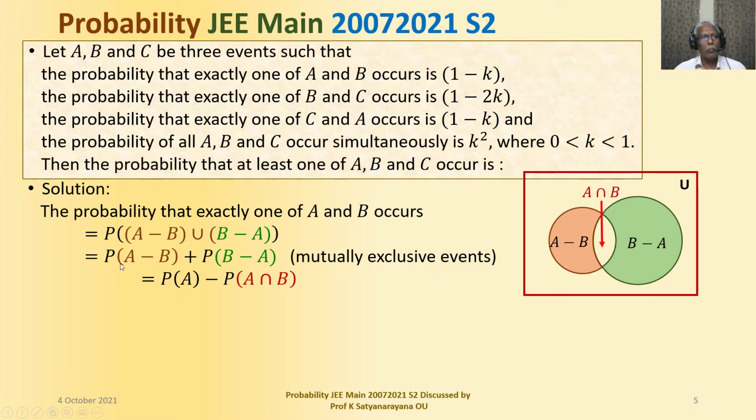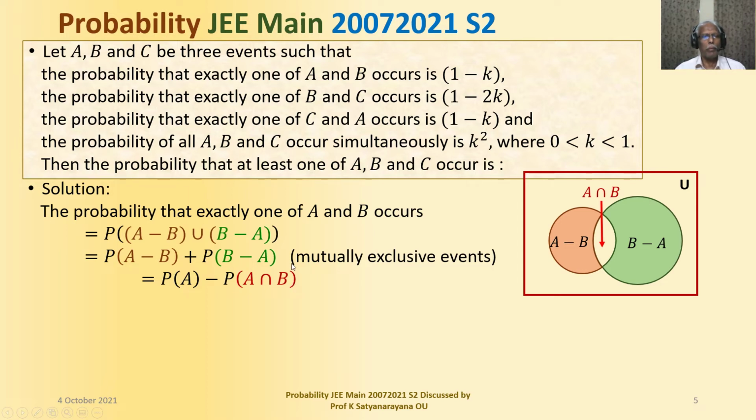And if you want probability of A minus B, it is A but not B. That is, from A you remove the part common with B, then it will be A but not B. So probability of A minus B is probability of A minus probability of A intersection B.